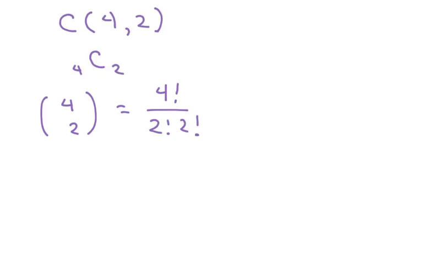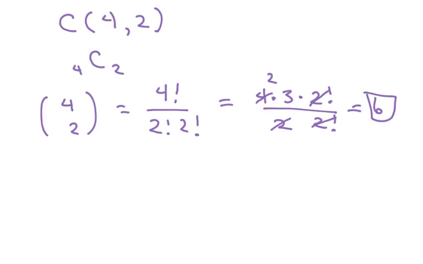So depending on what calculator you have, what would this be? This would be 4 times 3 times 2 factorial over 2 factorial times 2. And 2 goes into 4 2 times. This equals 6.